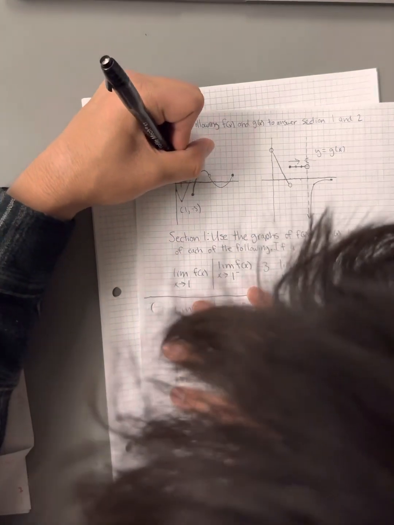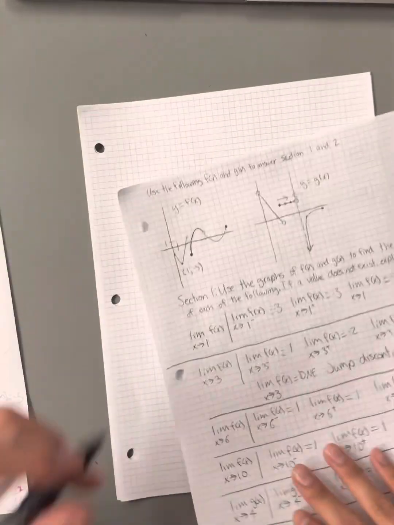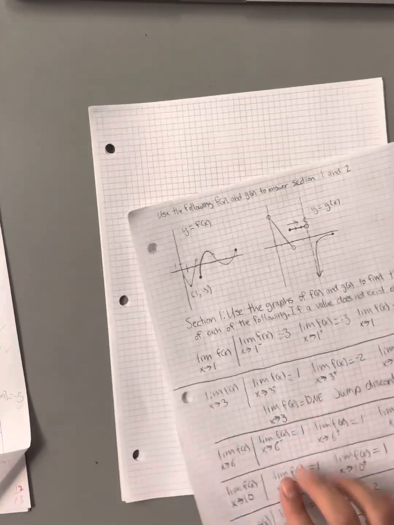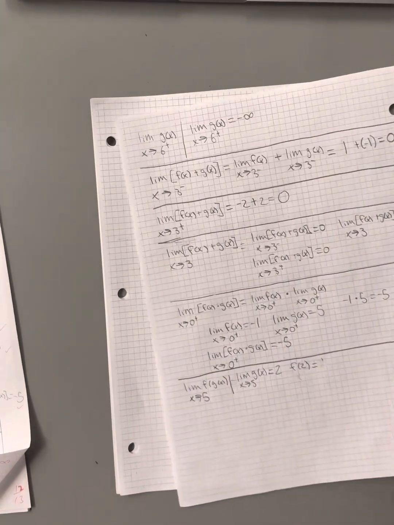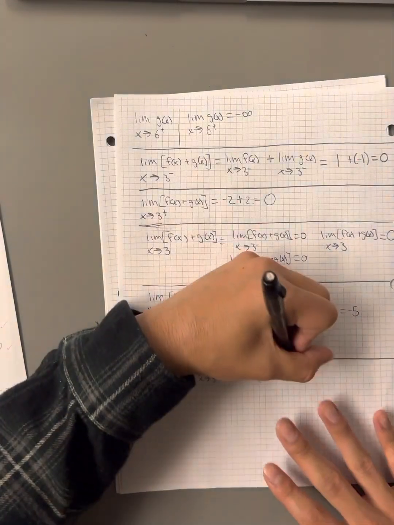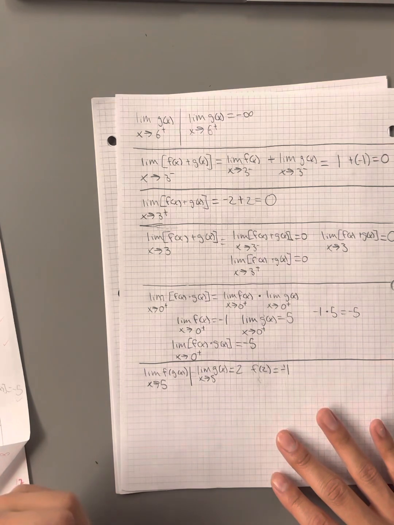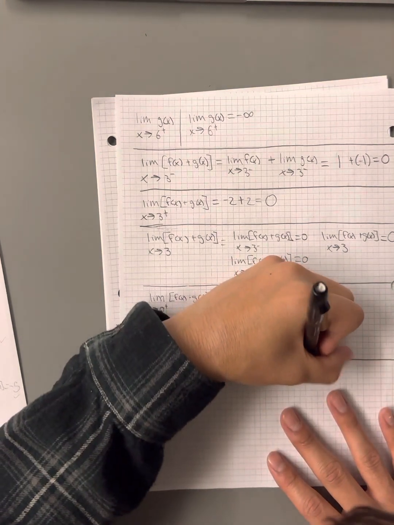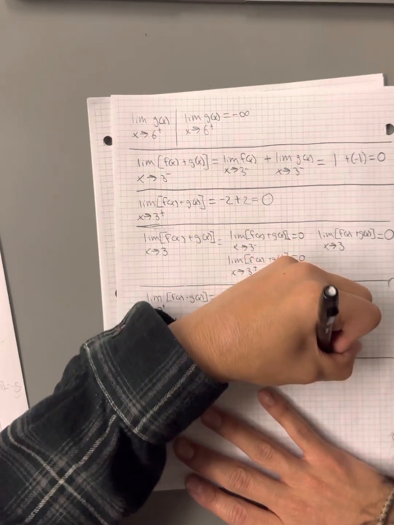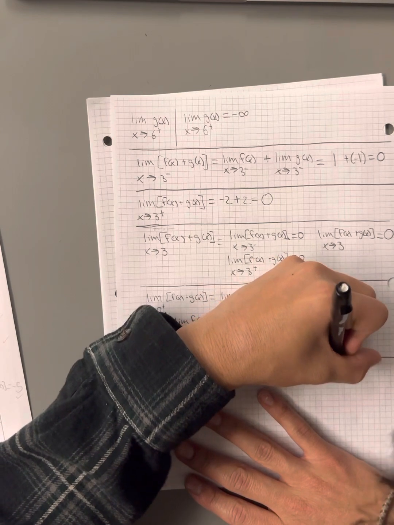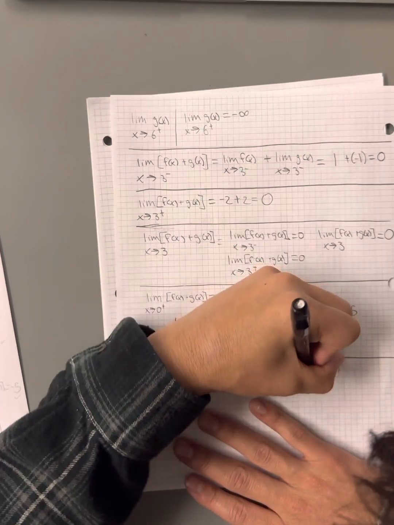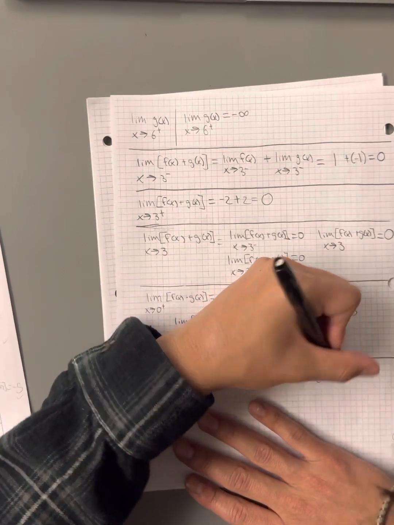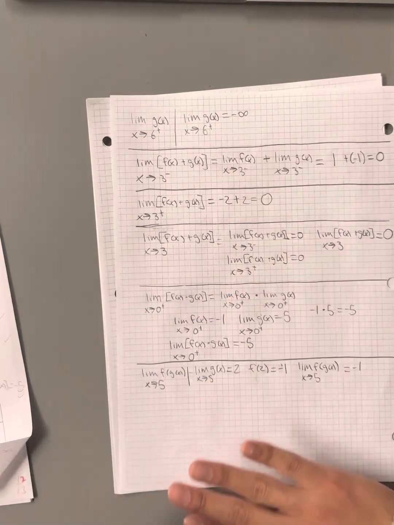F of 2 is -1. So now we can put this all together, and we know that the limit of f of g of x as x approaches 5 is equal to -1.